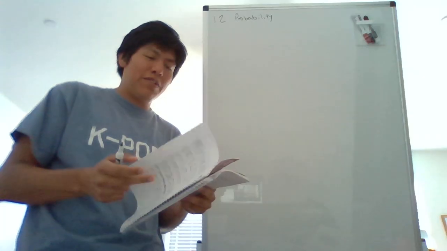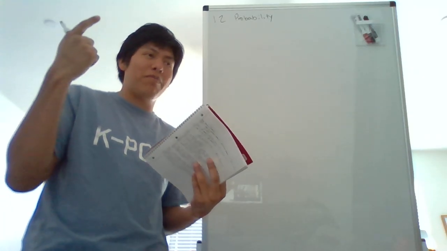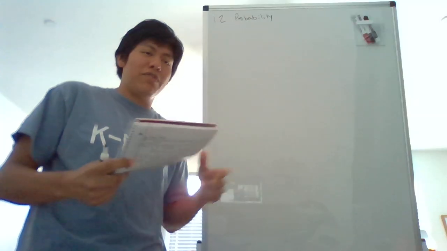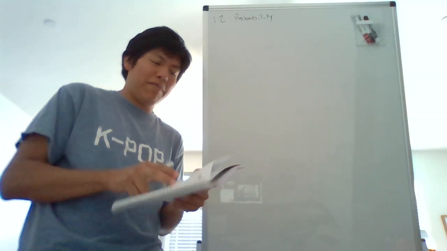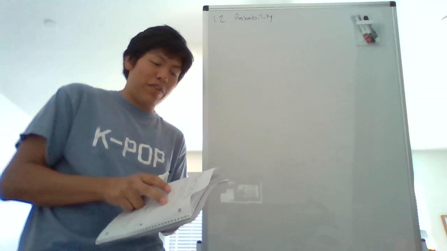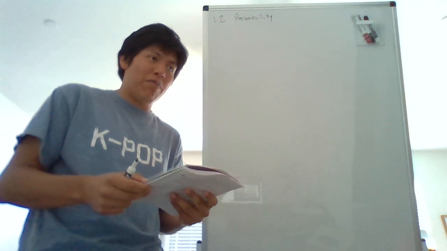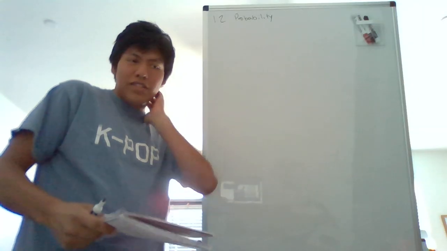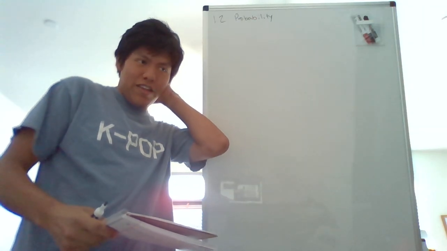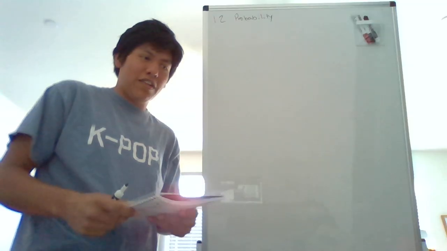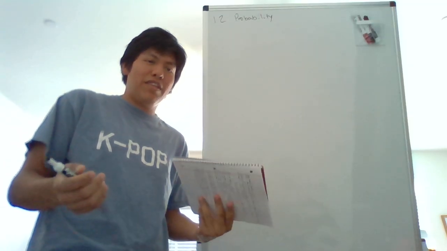So if you'll remember, we went over a bunch of different definitions. There were sample points, and the sample space, which is a collection of all sample points. There were disjoint events or disjoint sample points, which are just sample points or events that do not overlap, and a collection of them is called a partition.